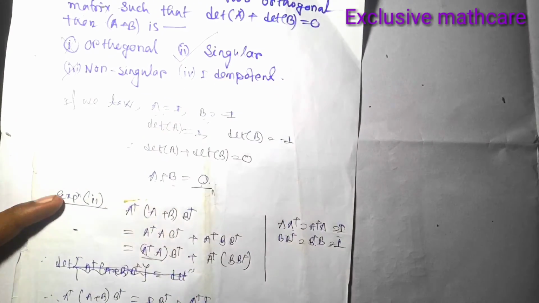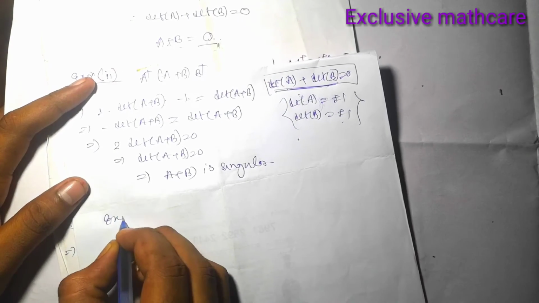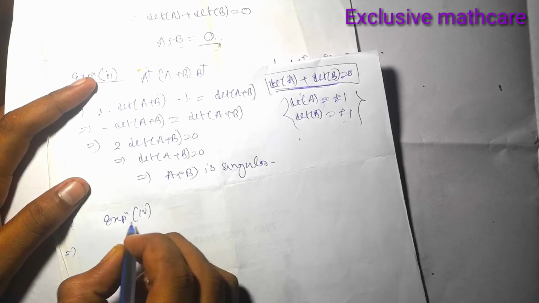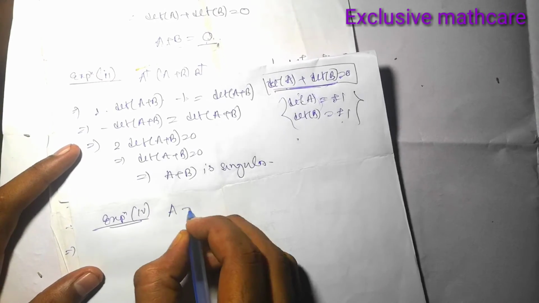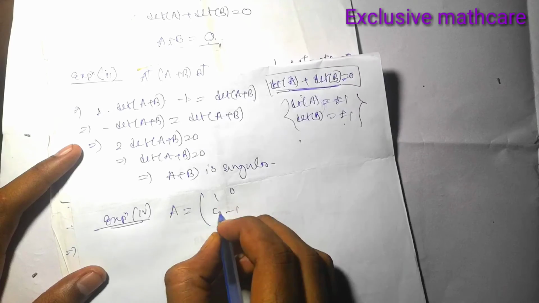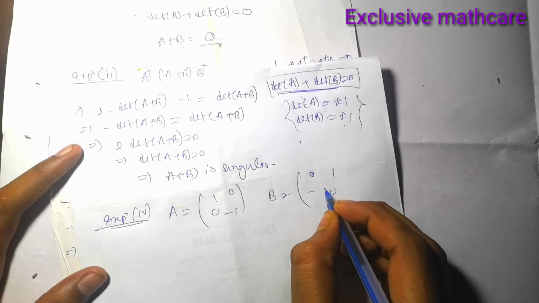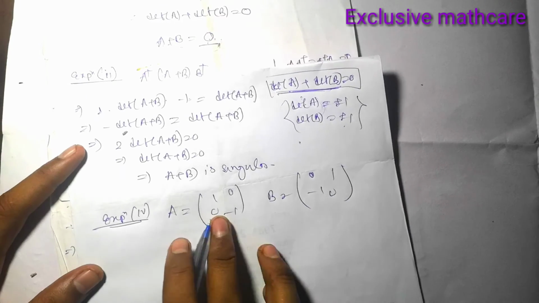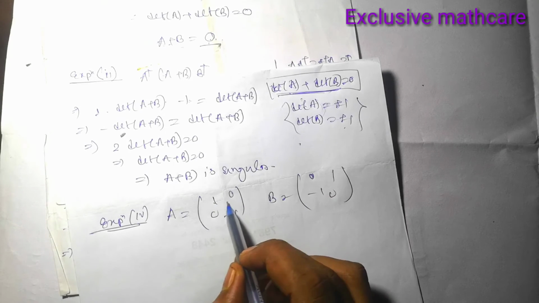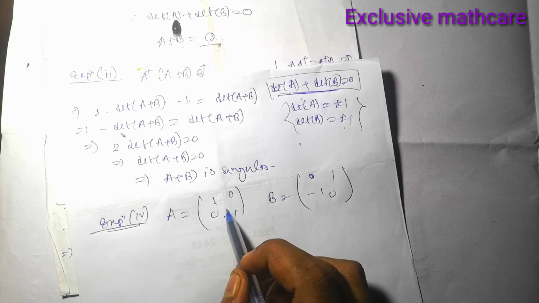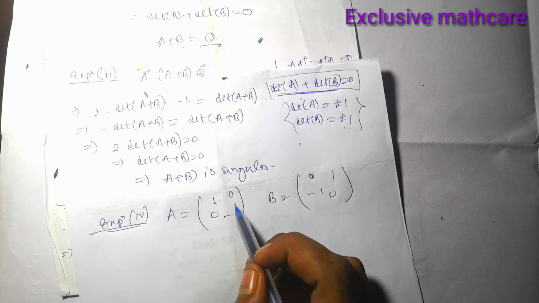Now we check option 4. Explanation of option 4. Take matrix A equal to [1, -1; 0, 0] and B equal to [0, 0; 1, -1]. See, these two matrices are orthogonal. Why are they orthogonal? As the rows of these two matrices form an orthonormal set.